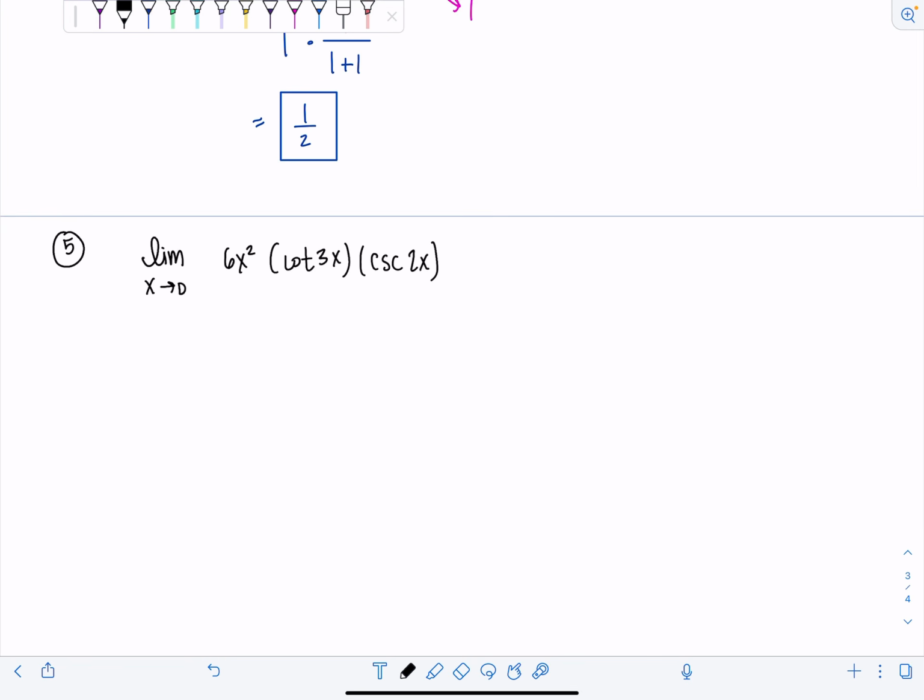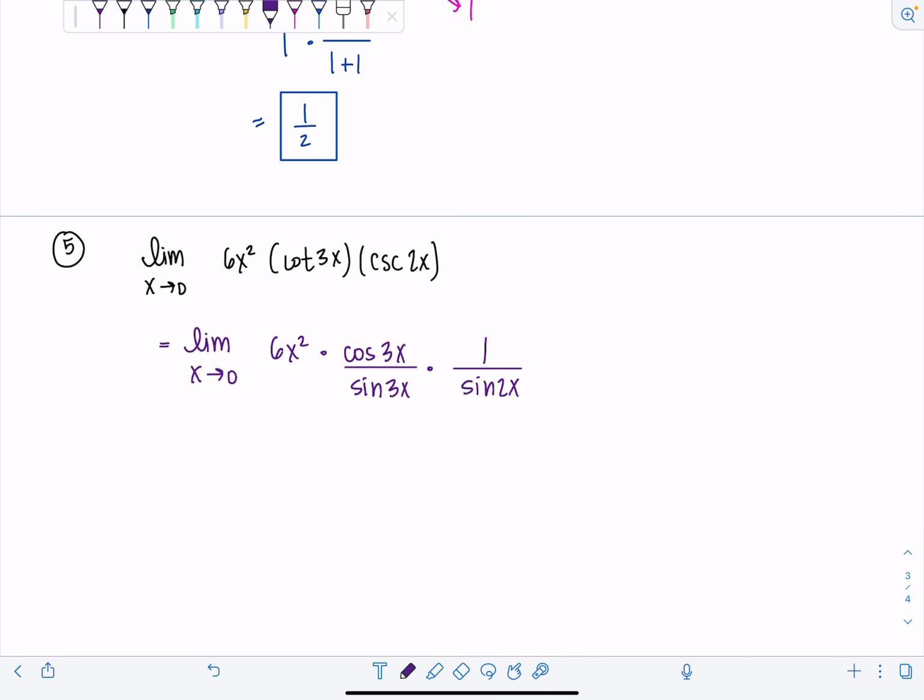You want to rewrite it in terms of sines and cosines. So we've got the limit as x approaches 0 of 6x squared times, now cotangent 3x, that's cosine 3x over sine 3x, times cosecant 2x is 1 over sine of 2x, okay?